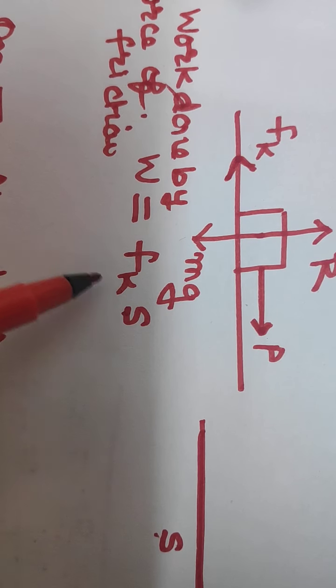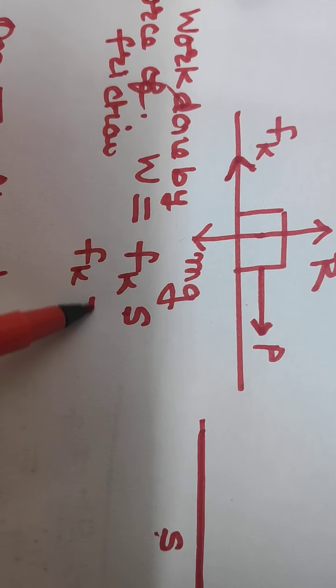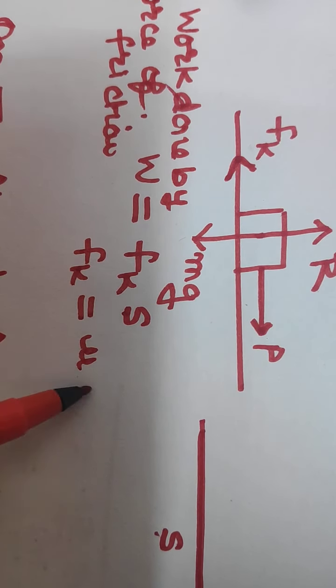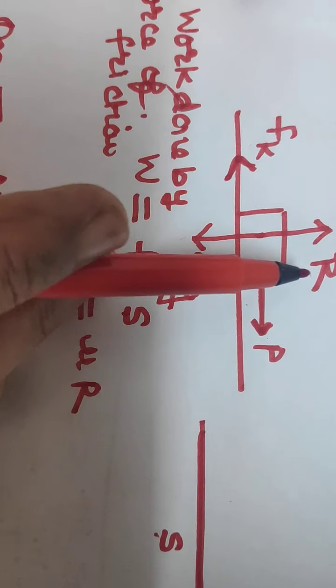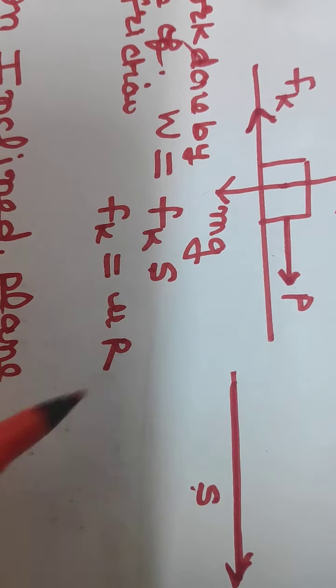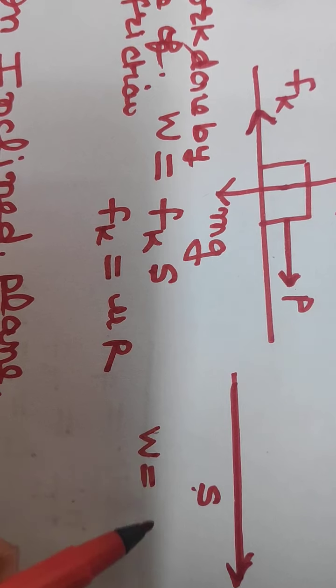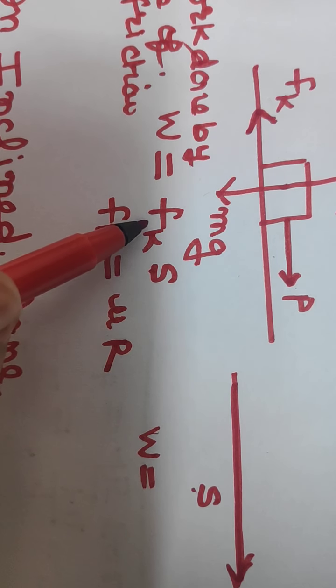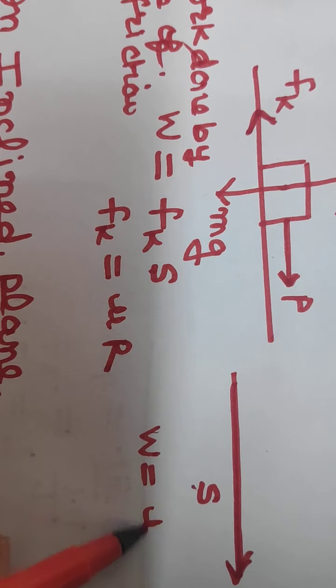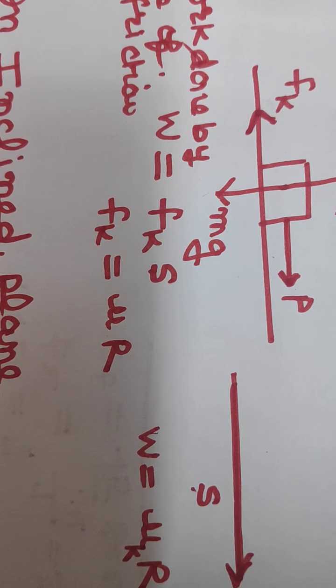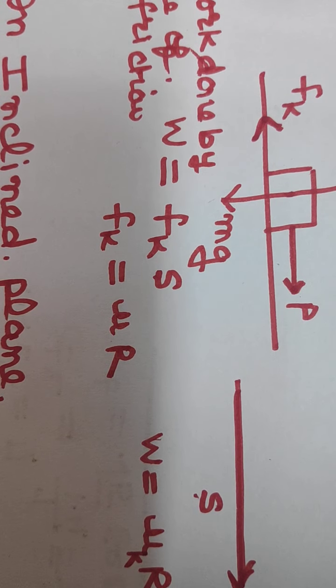And what is Fk here? Force of kinetic friction, that is equal to mu into R, where R is the reaction. So in place of Fk we write mu into R into s, where mu is the coefficient of kinetic friction.